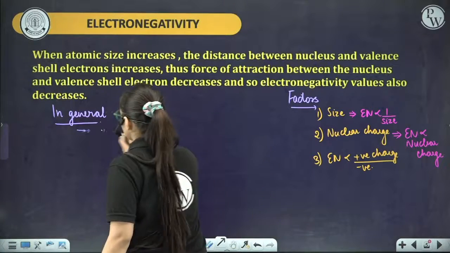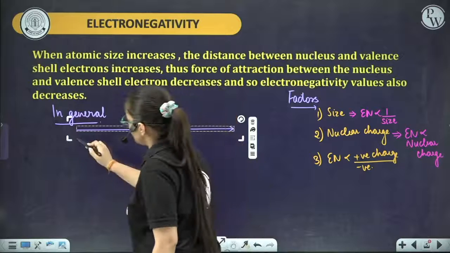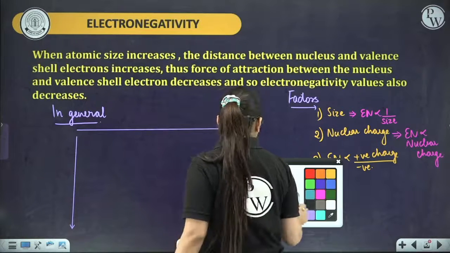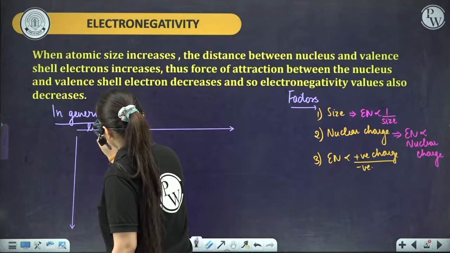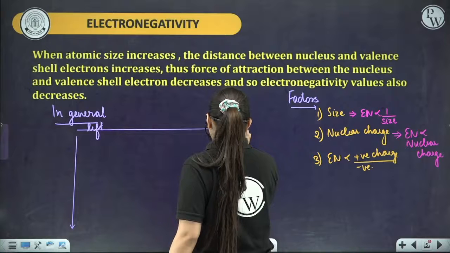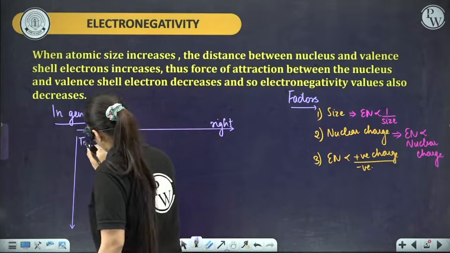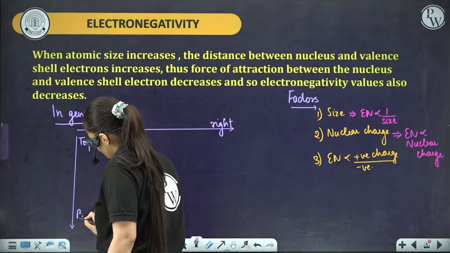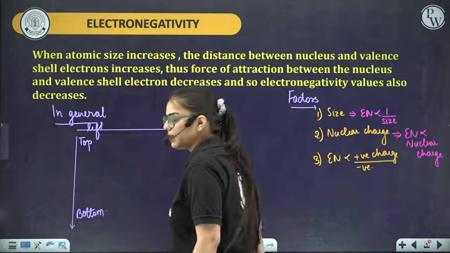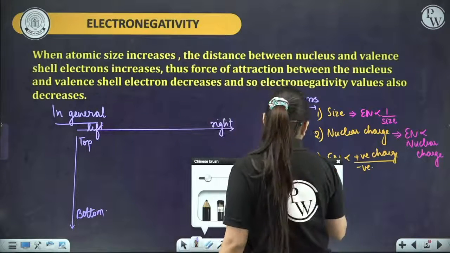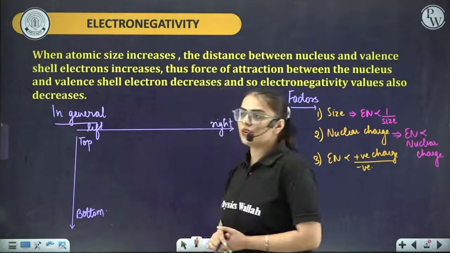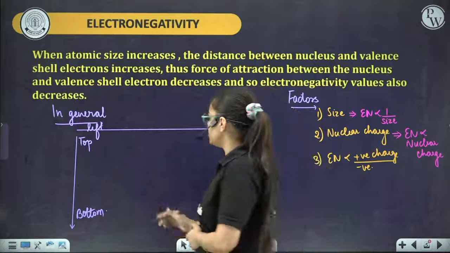Coming back to in general, if I talk across a period or along a group, that means this is from left hand side to the right hand side in a period, and this is from top to bottom. Yes, everyone. So now see. In this case, in general, left to right, what will happen?